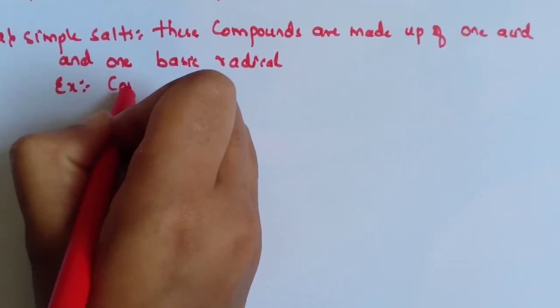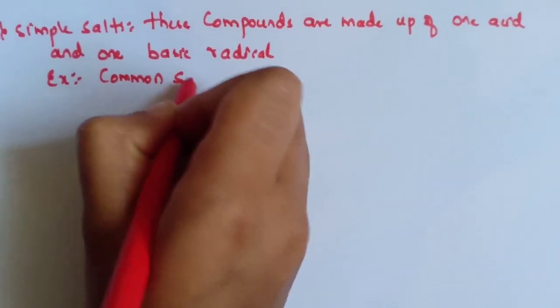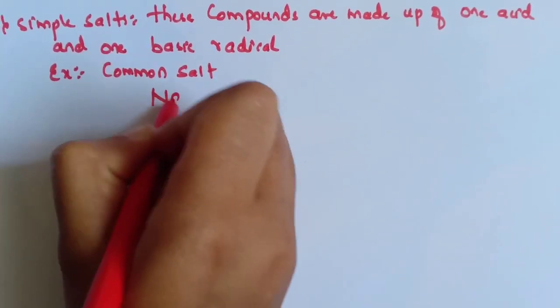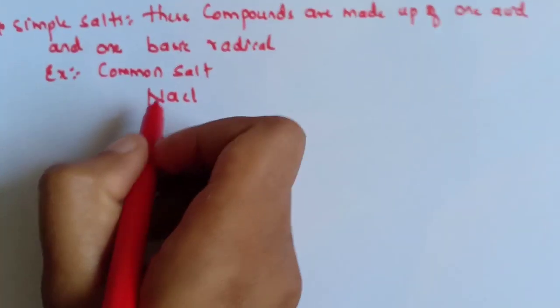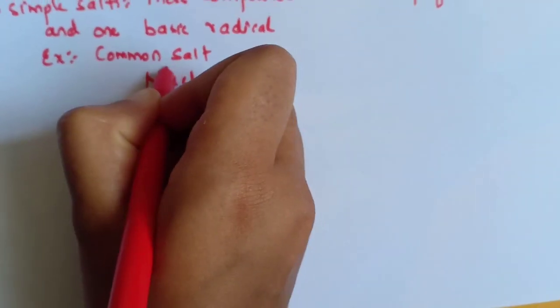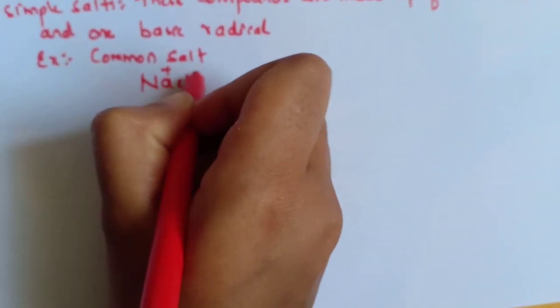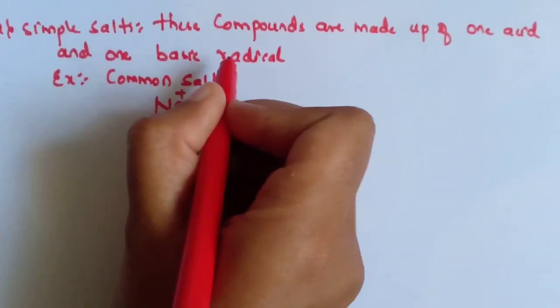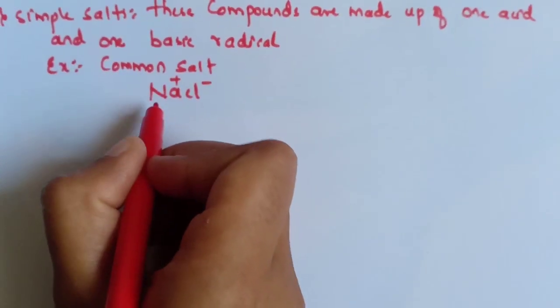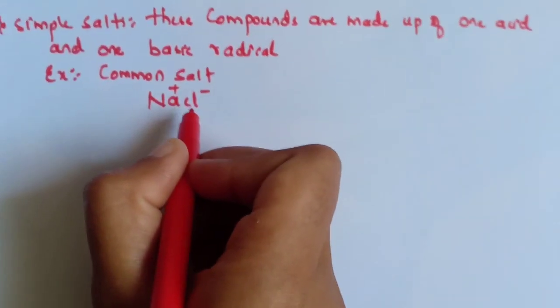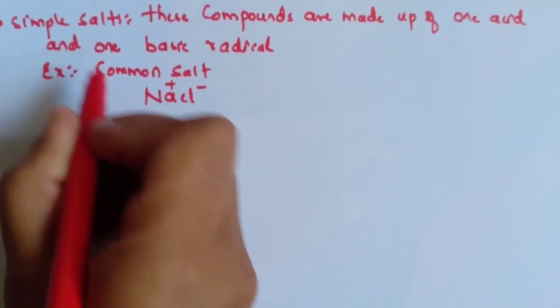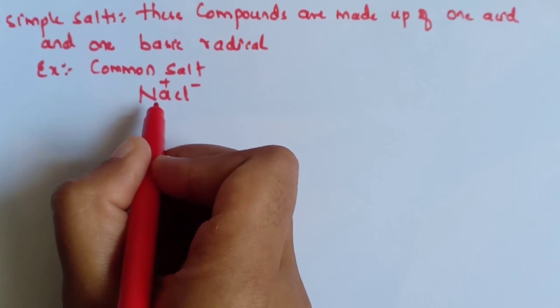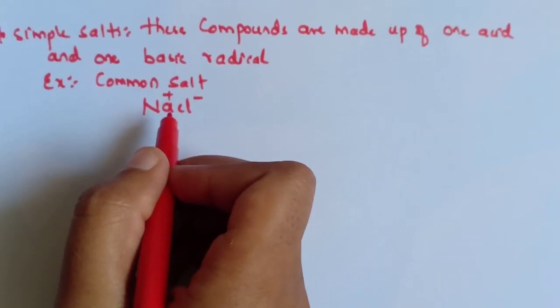Examples are common salt, that is NaCl. In NaCl, Na has a positive charge and Cl has a negative charge. Here the basic radical is Na plus and the acid radical is Cl minus. So simple salts are the combination of one acid and one basic radical.